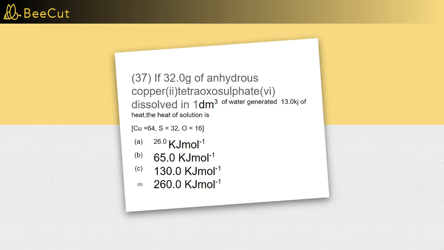From this, how will you do it? Just calculate the molar mass for copper(II) sulfate: 64 plus 32 plus 16 times 4. It gives 160. And we said 32 grams is equivalent to 13 kilojoules. 160 grams will be equivalent to what?